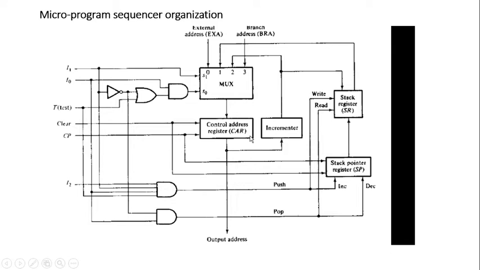In order to start the microprogram routine execution, at the initial stage we clear this control register first. Also here we have a clock pulse which is connected with this stack as well as with this control address register. This means the clock pulse is synchronized with all the stack activities as well as the control address register, or the next address register unit.